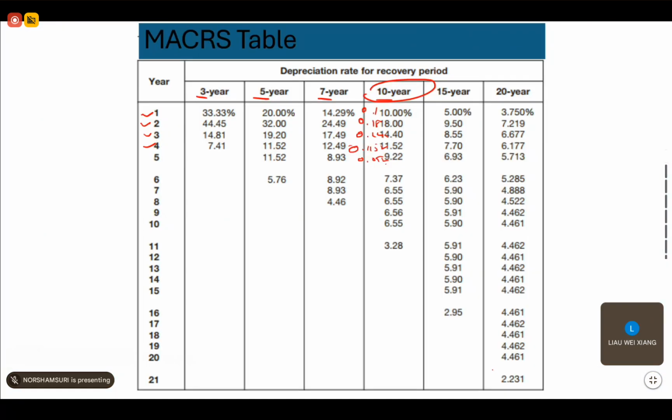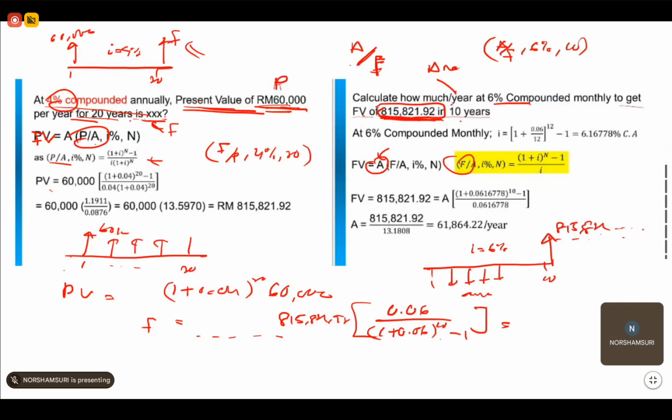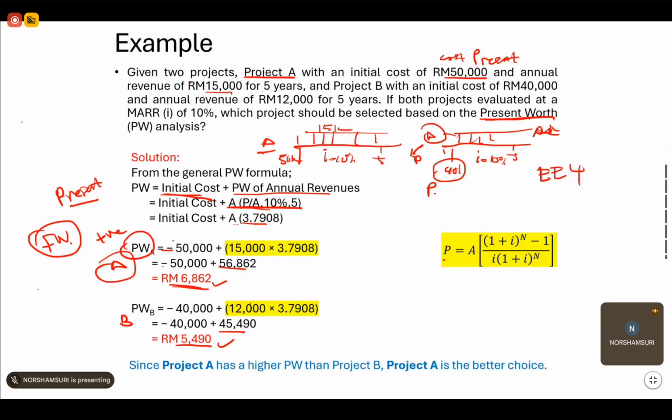Oh, not yet. We don't go to the EEC yet. This is the EE6. This is E4, the one that your friend was asking, and then this one is also E4.